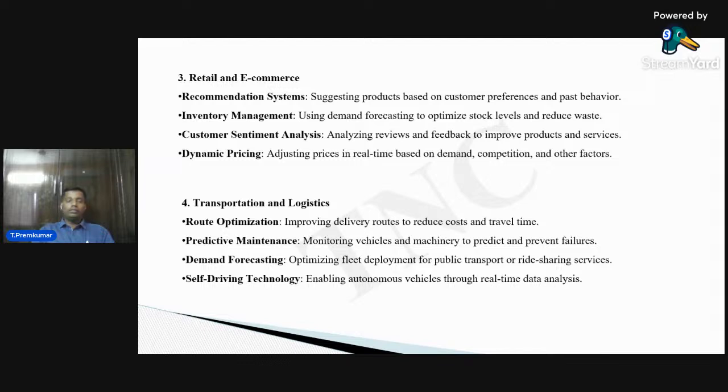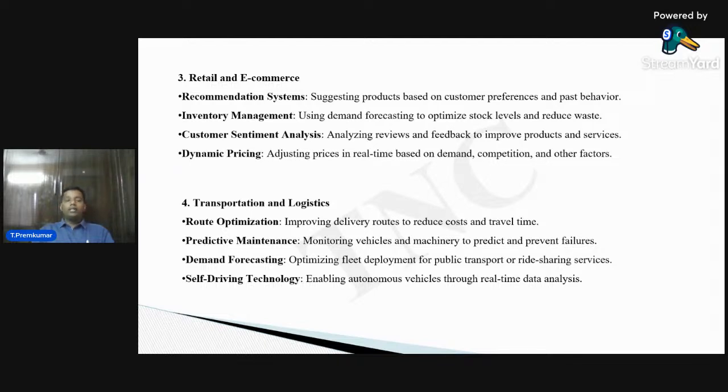The next area we are going to see is transportation and logistics. Here we optimize routes, perform predictive maintenance and demand forecasting, and support self-driving technologies. First, route optimization improves delivery routes to reduce cost as well as travel time by using data science concepts.